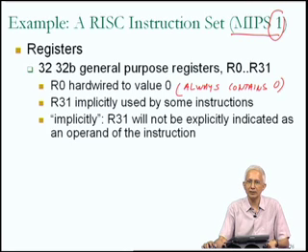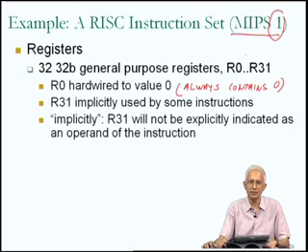And therefore, one has to be a little bit careful as a programmer or as a compiler writer in using R31, because I may think that I can use R31 as the place to temporarily store the value of my variable x from memory, and then I may cause certain instructions to be executed. And some of those instructions might implicitly use R31 as a destination, in which case the value that I had stored in R31 will no longer be available.